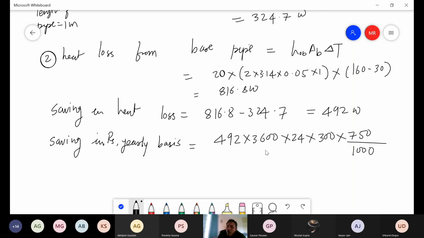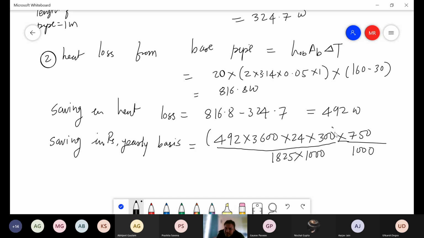And I also need to divide this by the latent heat of the steam. Then only I will get it in rupees, isn't it? The latent heat of the steam is given as 1825 kilojoule per kg, so that can be multiplied by 1000, giving joule per kg.